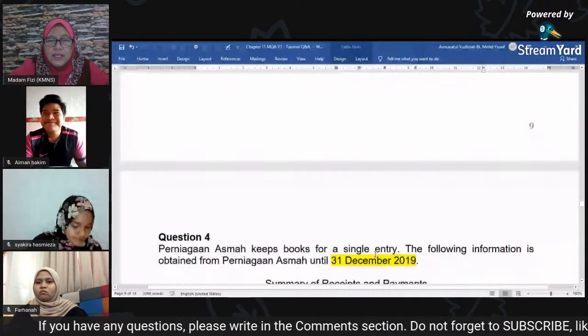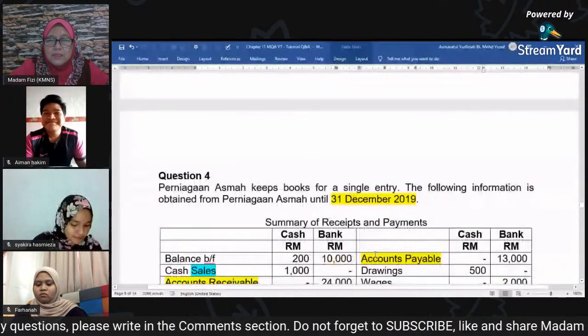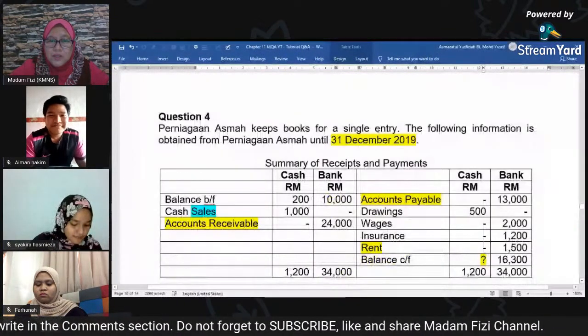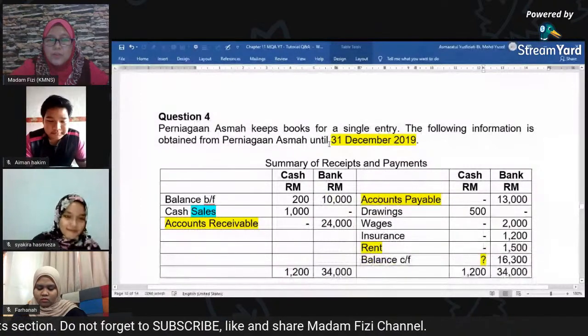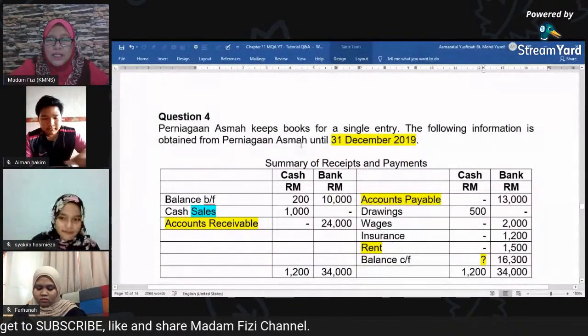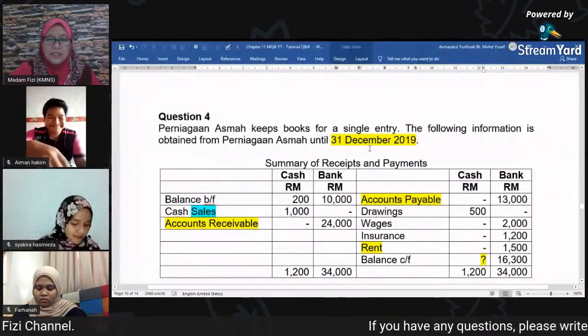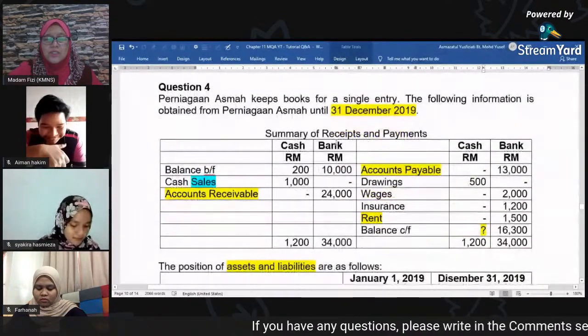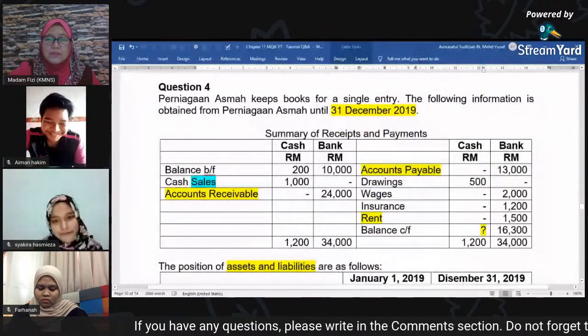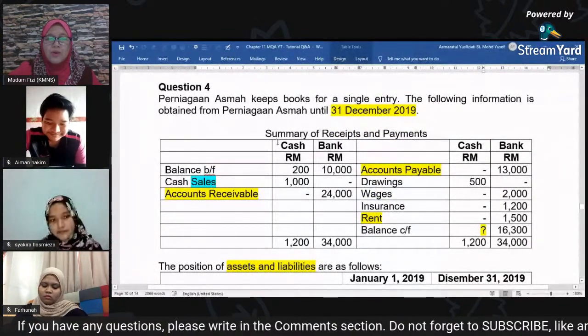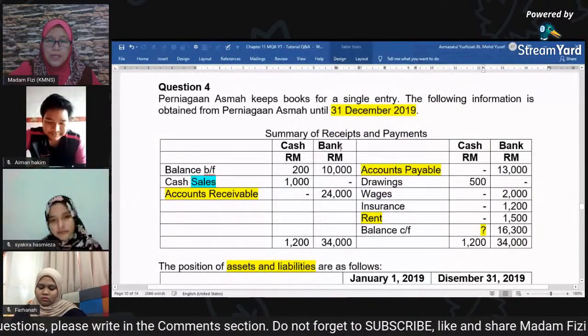Okay, perniagaan Asma keeps books for a single entry. The following information is obtained from perniagaan Asma until 31st December 2019. Okay, so it shows the summary of receipts and payments for cash and also bank.